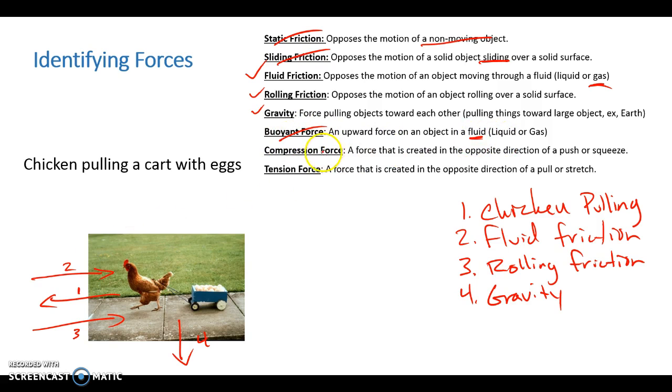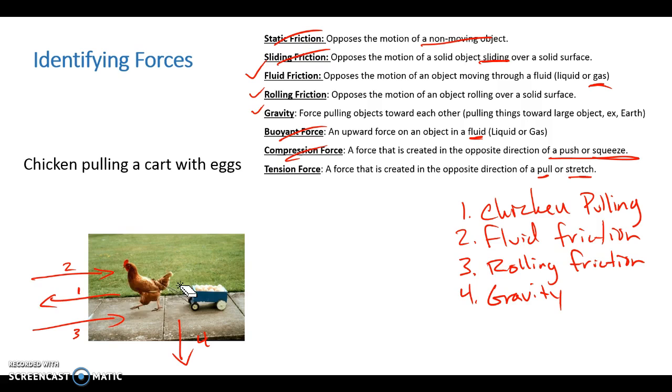Compression, is anything being compressed? I don't know that I see anything being squeezed, so let's cross that off. Tension, force that's created when opposite direction pull or stretch, I do see the chicken pulling, so I wonder if there's a tension force in the string there, or the rope.